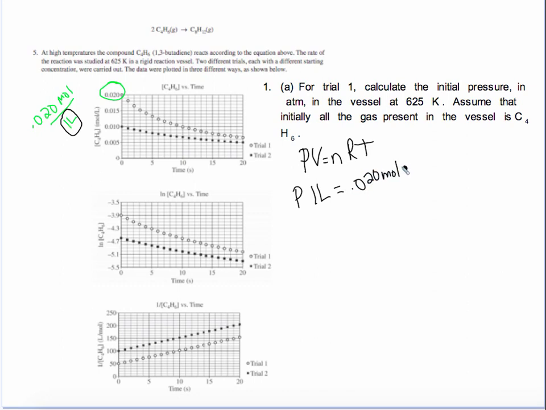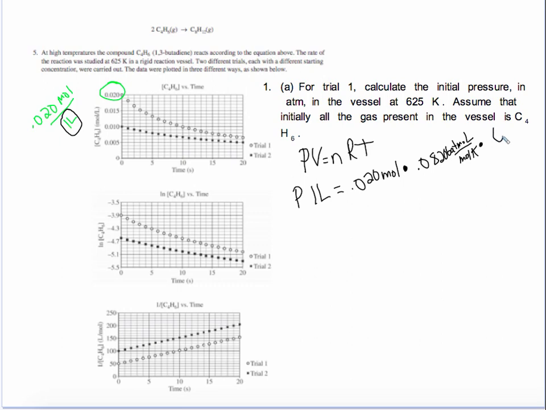Okay, times R. Now it wants it in atmospheres, so we got to use the one that will be on your AP formula sheet, 0.08206 atmospheres times liters divided by moles Kelvin. And then we got to take that times the temperature.